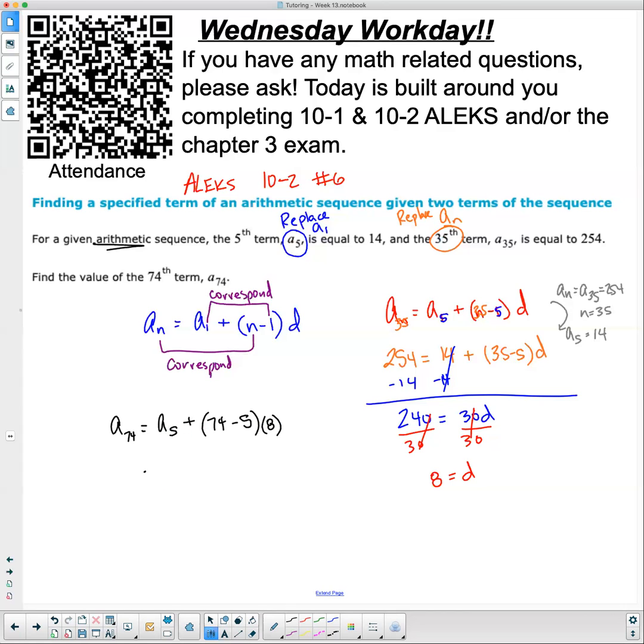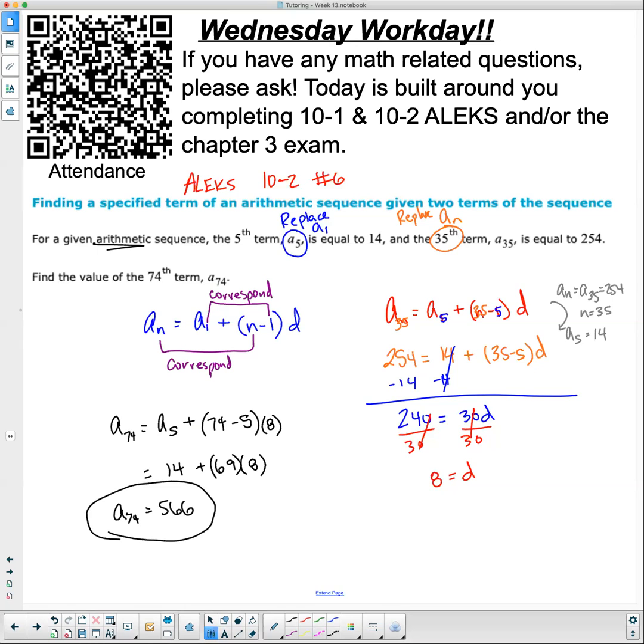So when I substitute in here, A5 was 14, 14 plus, this would become 69 times 8 will be our answer. I don't want to make a math error here, so let me come over here. 14 plus 69 times 8 is 566. That's what I'm getting as my answer here: A74 would equal 566.